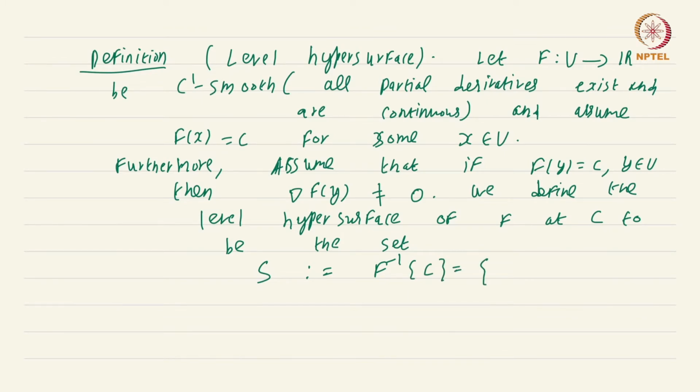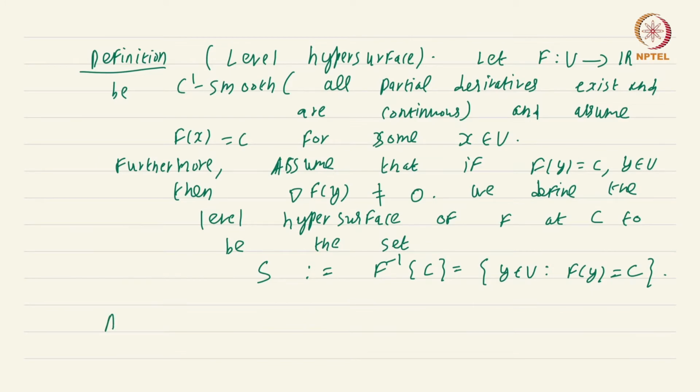This is just y in U such that f of y equals c. So a level hypersurface of a function is just the inverse image of this value c.